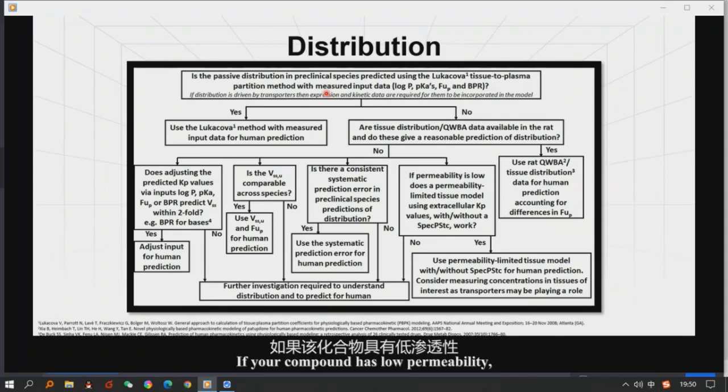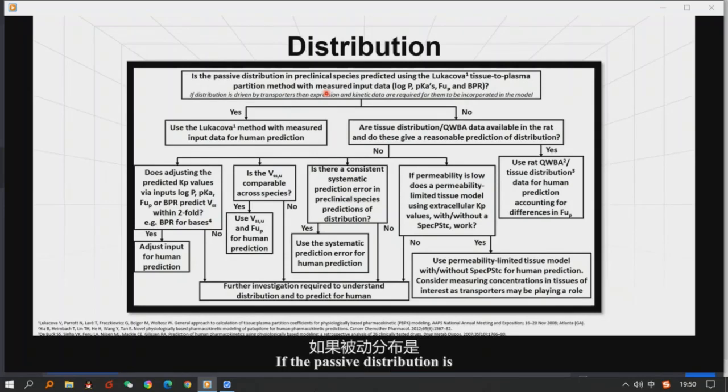If your compound has low permeability and you think that it may be that the disposition is driven by the transporters, you would then need kinetic data for the compound. And you would know that by carrying out the in silico assessment that will guide you in your thinking.